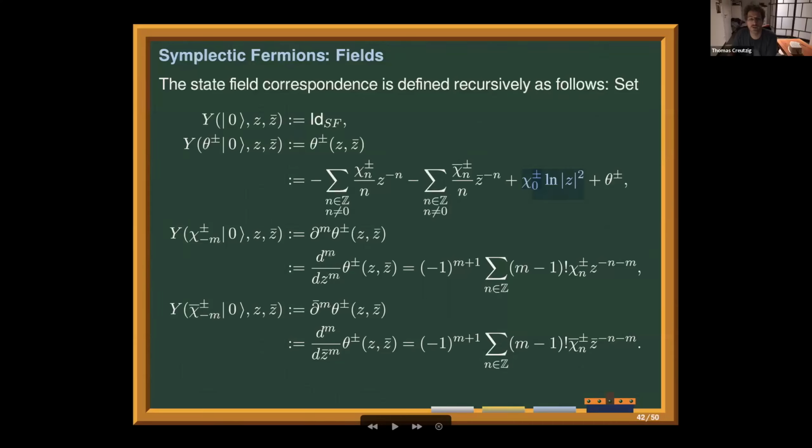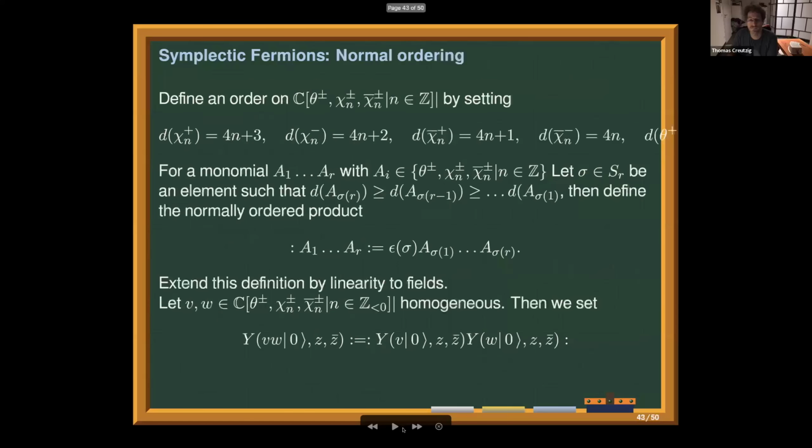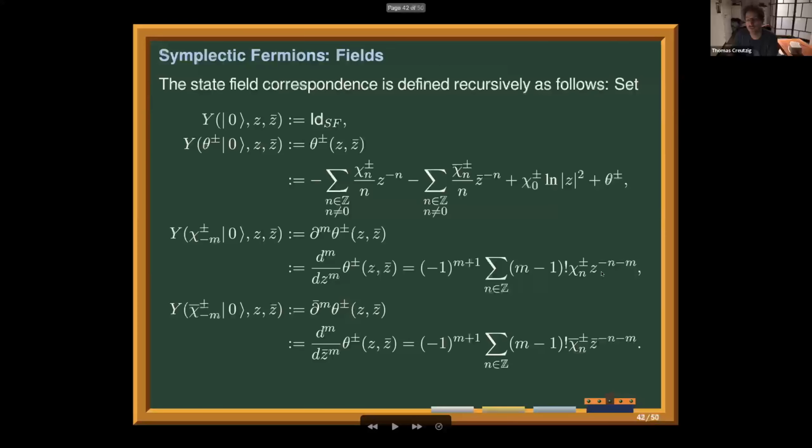What's maybe important is that while the field corresponding to these functions contains the logarithm, the fields corresponding to these derivatives become much simpler. In fact, you see the fields corresponding to chi plus minus will actually be a chiral field, and similarly chi plus minus bar an antichiral field. That's a feature. That's because the symplectic fermions are nonetheless quite simple as a conformal field theory.